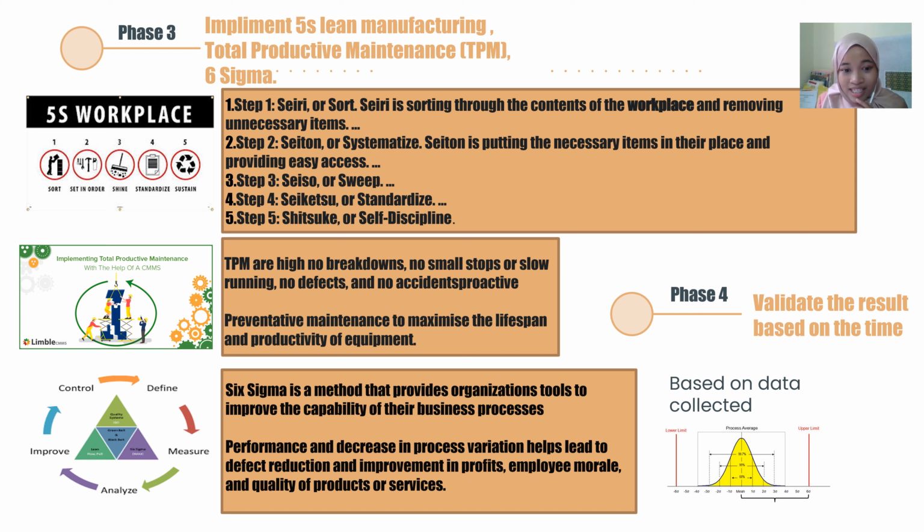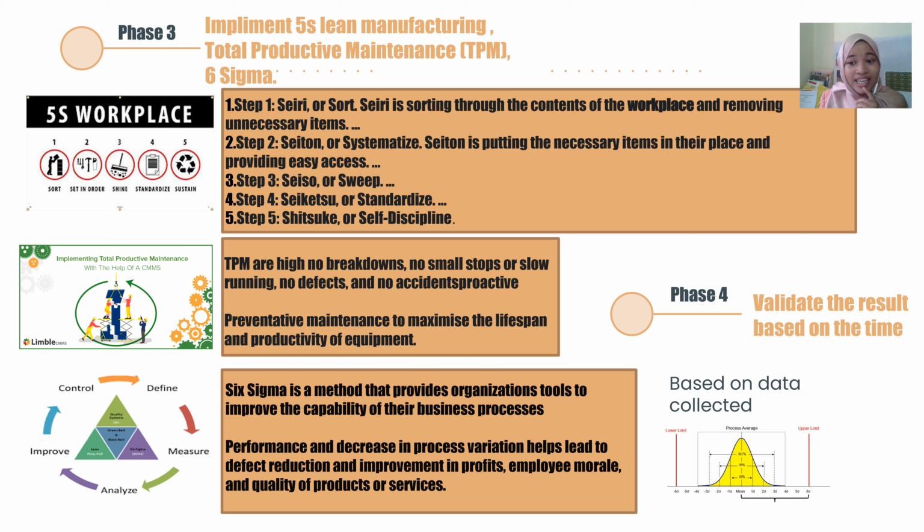And the last one, Six Sigma, is a method that provides organizations tools to improve the capability of their business process, performance, and decrease process variation, which helps lead to defect reduction and improvement in profits, employee morale, and quality of product or service.